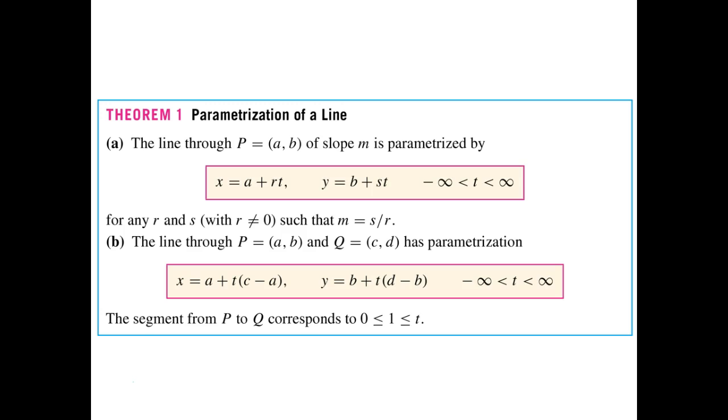All right, the line through P(a, b) and Q(c, d). You're not given a slope. Notice you need two things: point and slope, or point and point. This time you're given point and point with no slope. All right, how do we do that? Wow, out of the sky they give you this. Man, where did that come from?